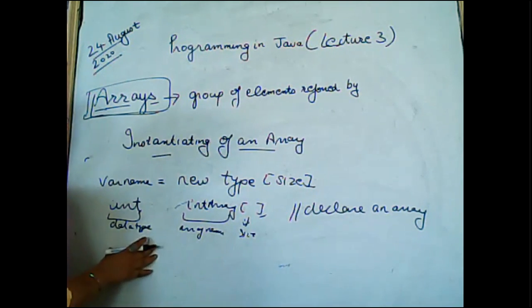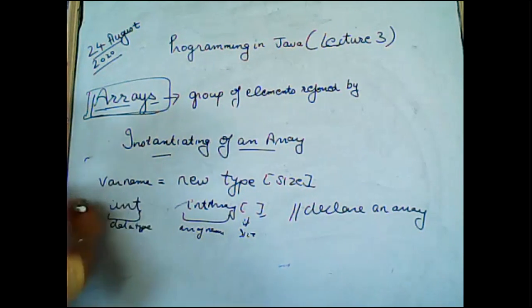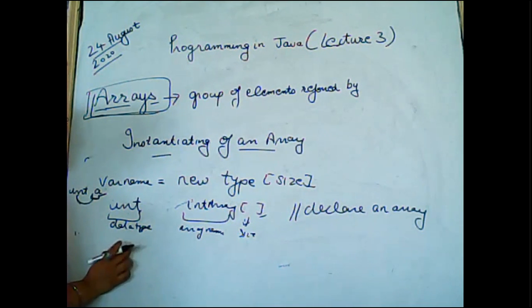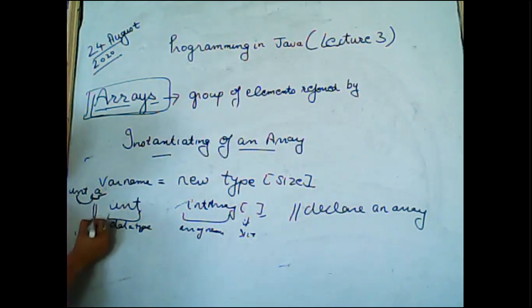But in this particular case, if we simply want to declare a variable, how do we write it? We just write int a. Right? So we come to know that there is a data variable a whose data type is an integer. But when you want to show the same thing in the form of an array, an array is a group of variables.